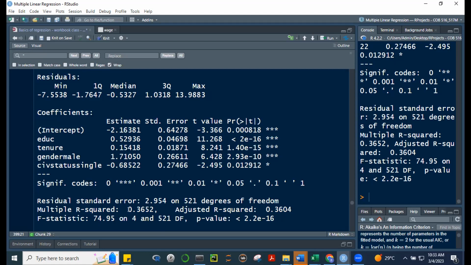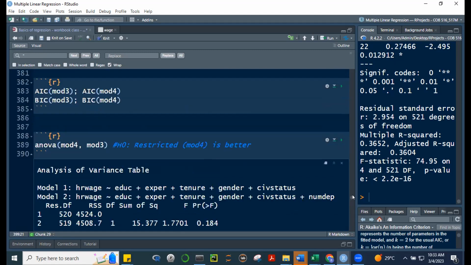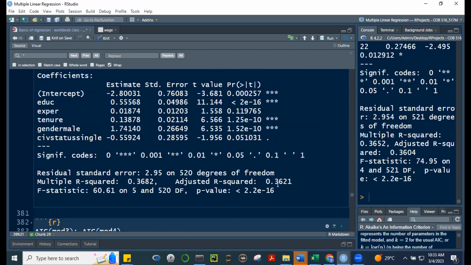I'm not talking of the multiple R squared. No? I'm talking of the adjusted R squared. So this is already penalized for adding more variables. So yung 36.21 natin kanina dito, this has already been penalized. If you compare this with the multiple R squared, 36.82 to 36.21 lang.